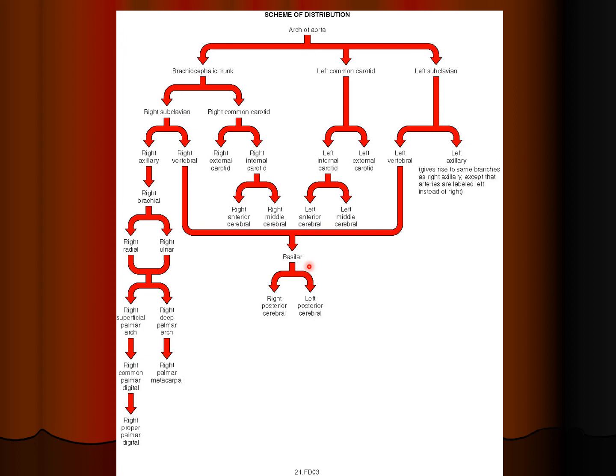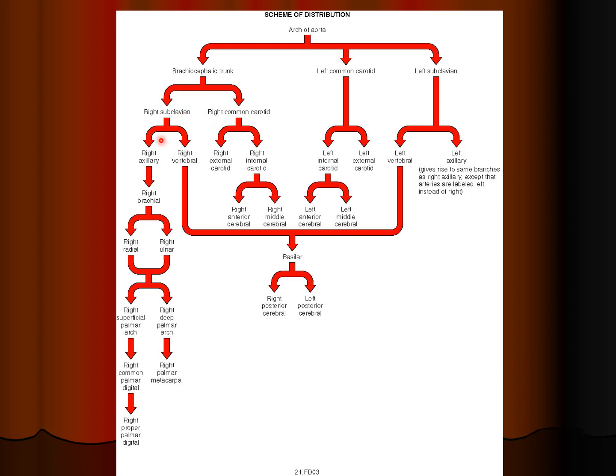Here we are more concerned with the branches of the axillary. So we start with the heart. The aorta has three parts: the ascending aorta, which gives the coronary arteries to the heart itself. The arch of the aorta will give three branches: brachiocephalic trunk, left common carotid, and left subclavian. The brachiocephalic trunk on the right side will give the right subclavian and right common carotid.